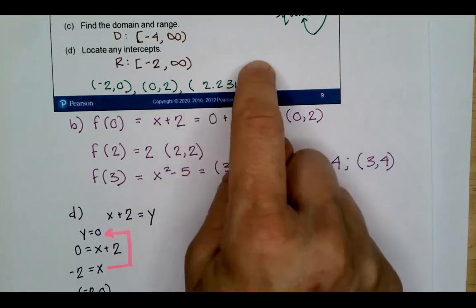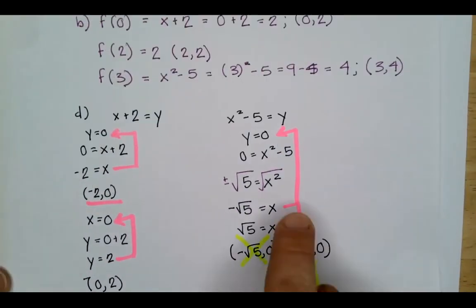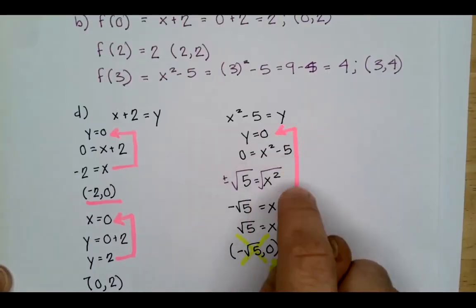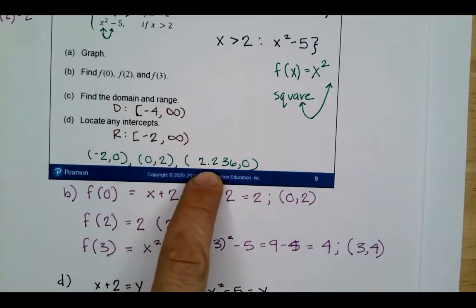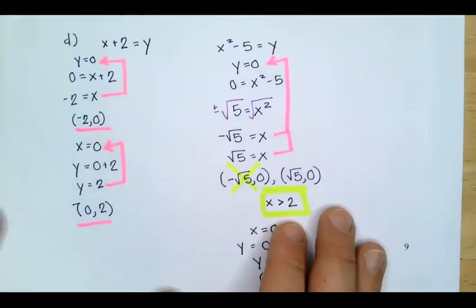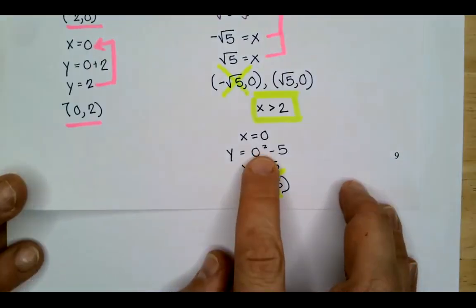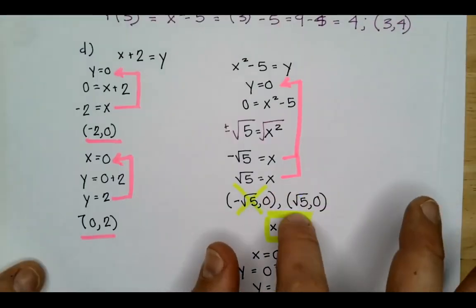So you need to understand how to get this decimal as the radical square root of 5 using these algebraic skills. But Desmos will verify that that is correct, or where to look. I know I don't need to put in a y-intercept for this one. I only need my positive x-intercept.